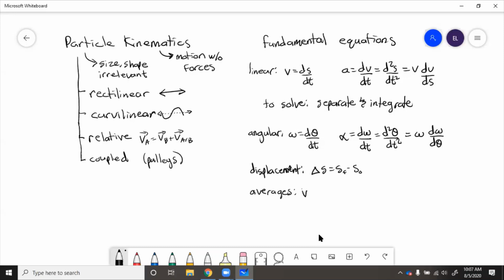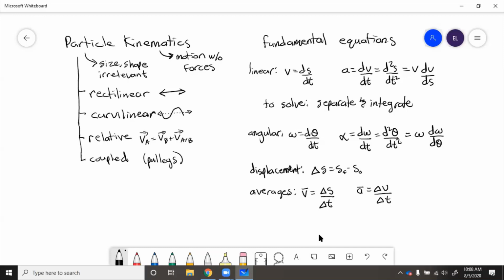Average velocity equals change in position over change in time, and average acceleration equals change in velocity over change in time. The difference between the average and the instantaneous is that the delta is a lot bigger for the average.